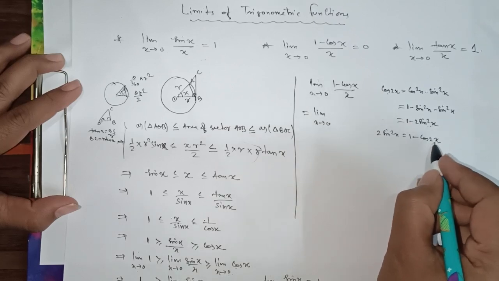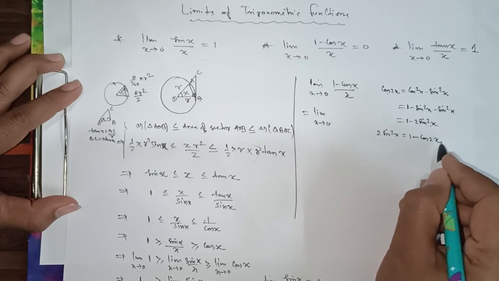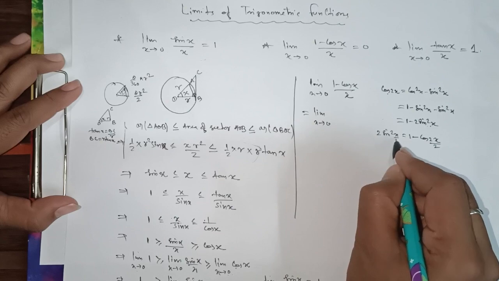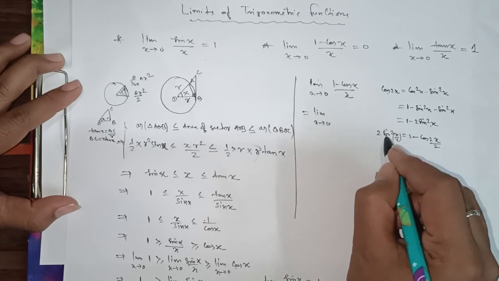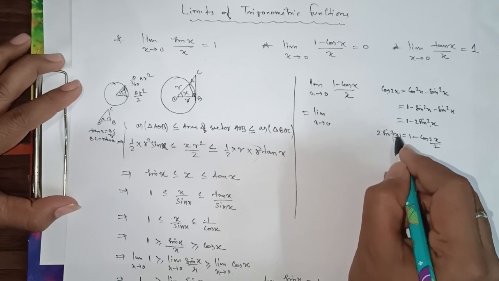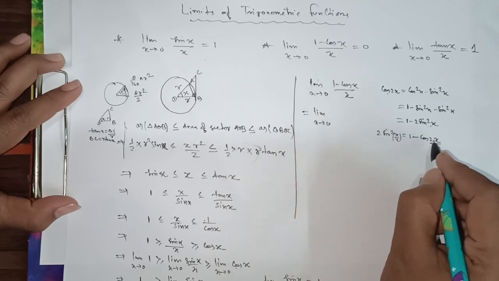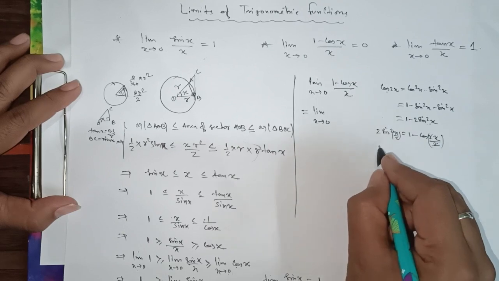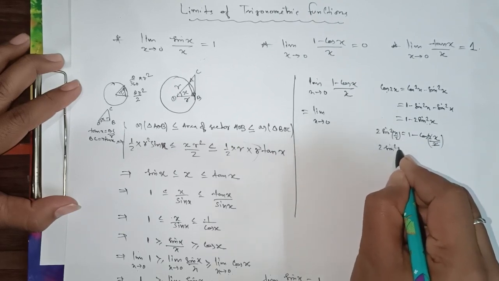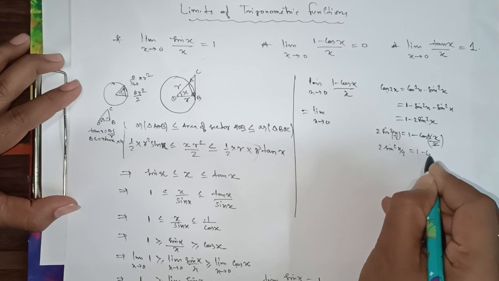Right now we have x in place of 2x, so what will we do? We'll divide by 2 inside, remember, not outside. Sin (x by 2) whole square is there. So 2x by 2, that means it will cancel each other. We'll get 2 sin square (x by 2) equals 1 minus cos x.